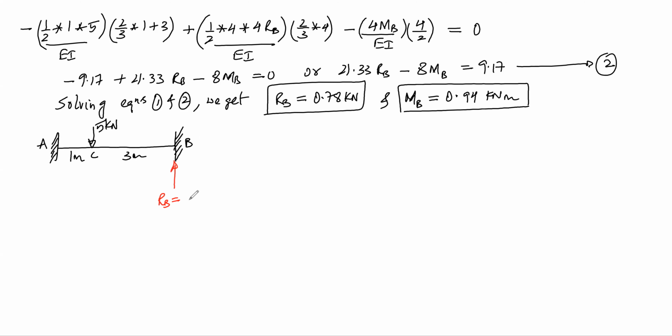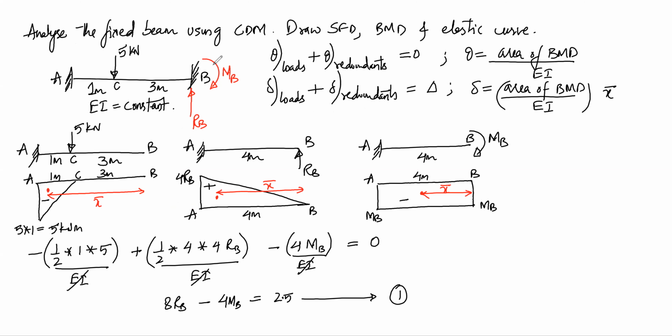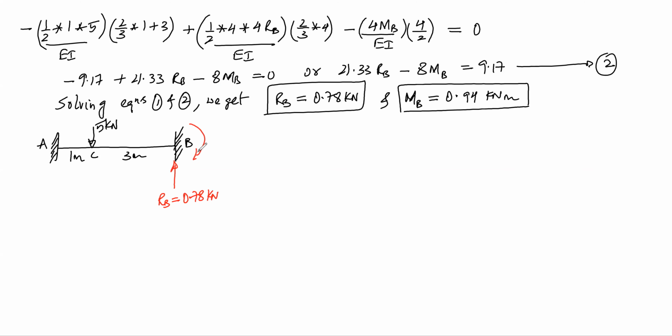RB as 0.78 kilonewtons and this moment is plus 0.94. That means whatever direction we have assumed here for MB is the correct direction. So we have a clockwise moment here of 0.94 kilonewton meter, which is the value of MB. So these are the two redundants.